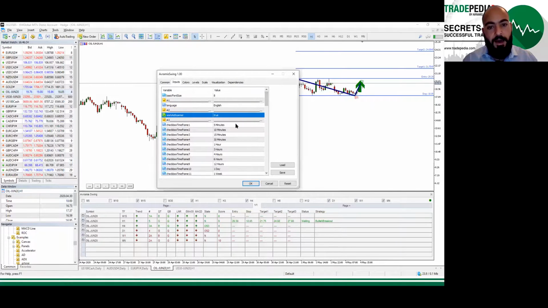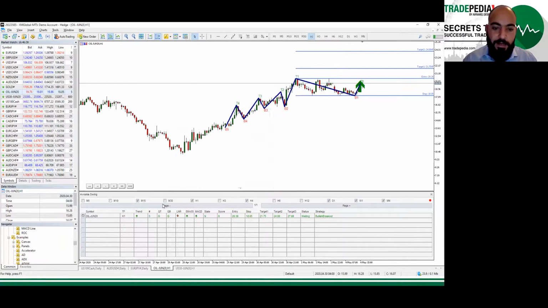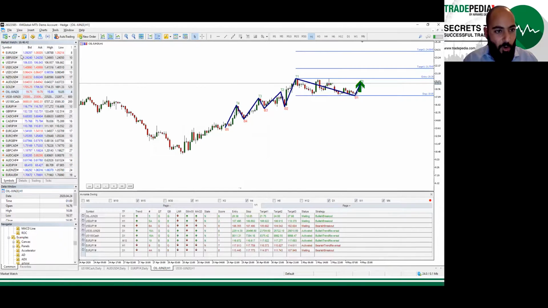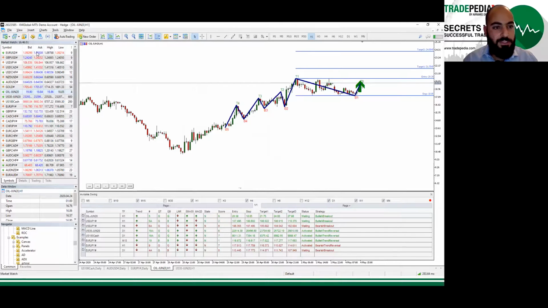Now, if I click OK, the indicator will automatically scan all the instruments in the market watch, all these currencies and commodities and indices on all these time frames, and it will list for me here all the signals that are available at the moment.